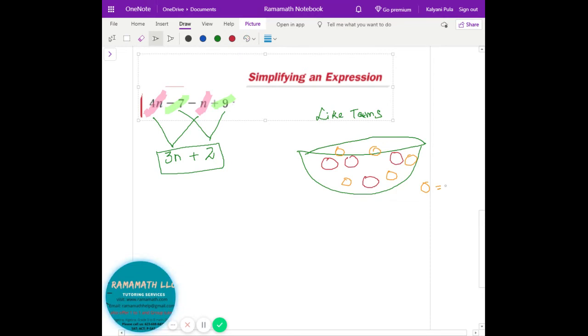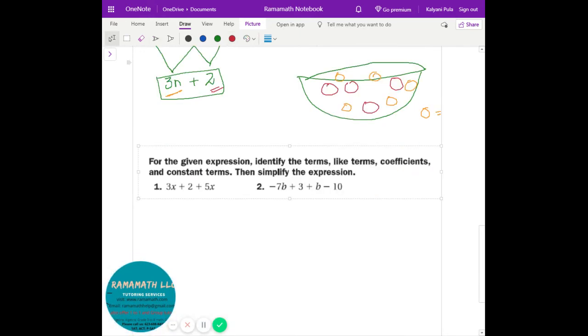There we go. Now let's say n is the oranges, and 2 is the apples. Now you can't combine them. So first identify the terms, like terms, coefficients, and constant, and then we're going to simplify them.